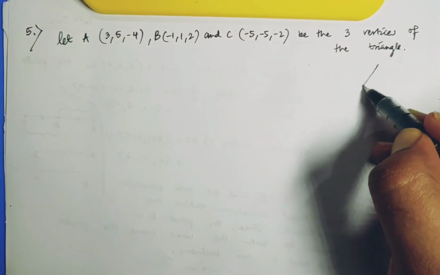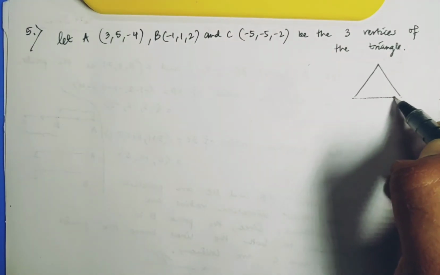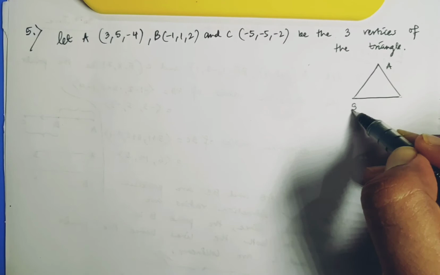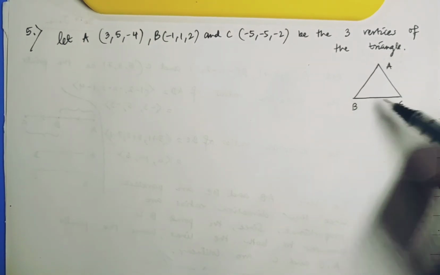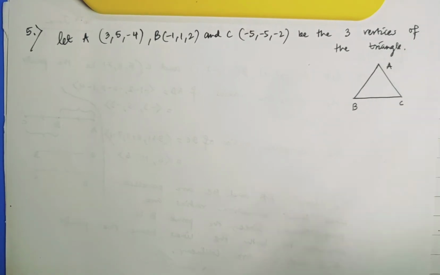Clear? So we have a triangle that is A, B, C, and we have to find the direction cosines of those sides of the triangle. Okay, so we have to find the direction cosines of AB, BC and AC. So let's start with AB.